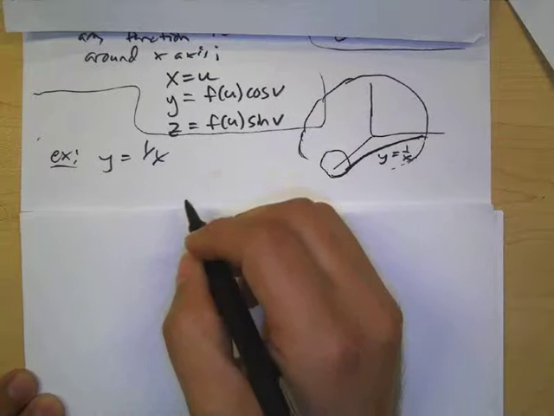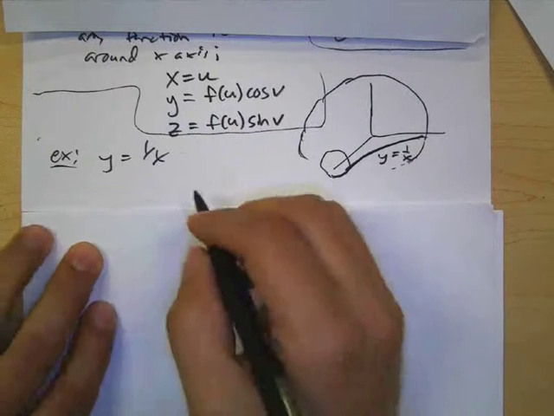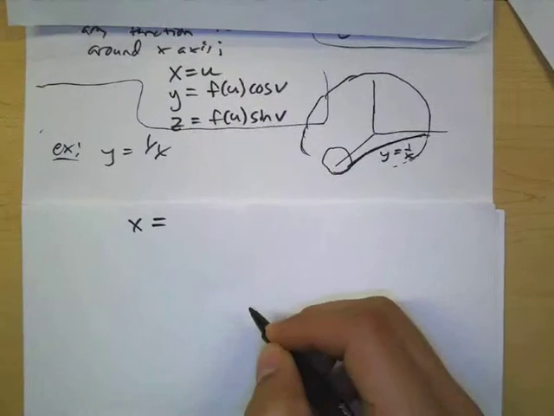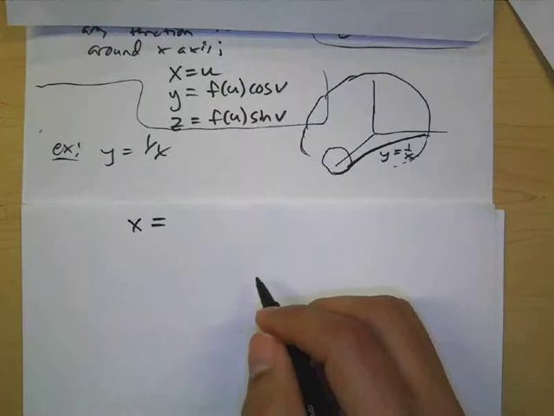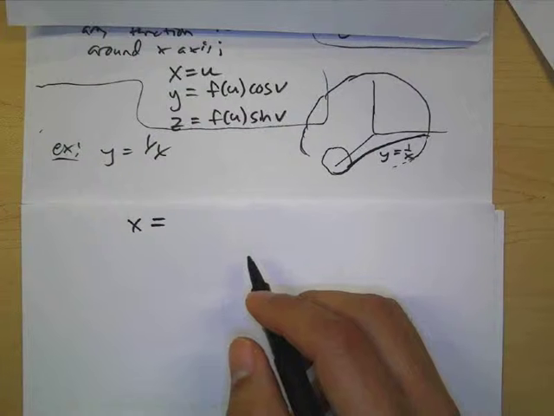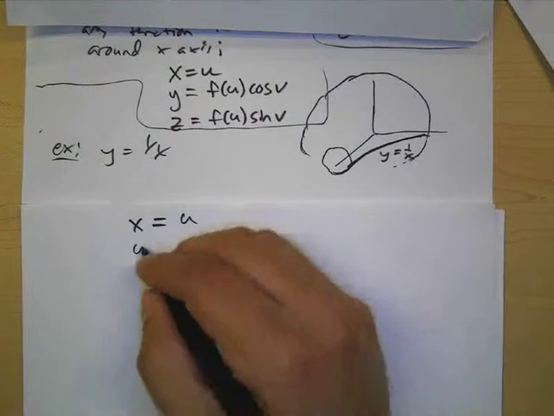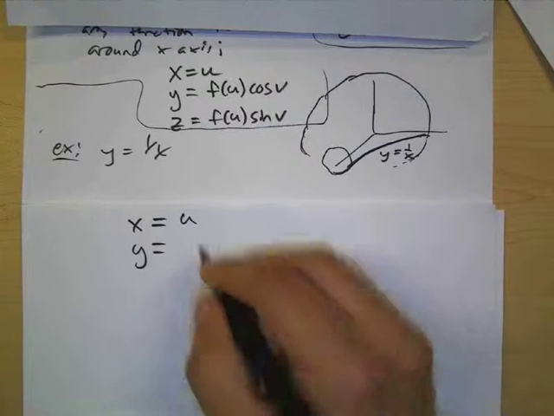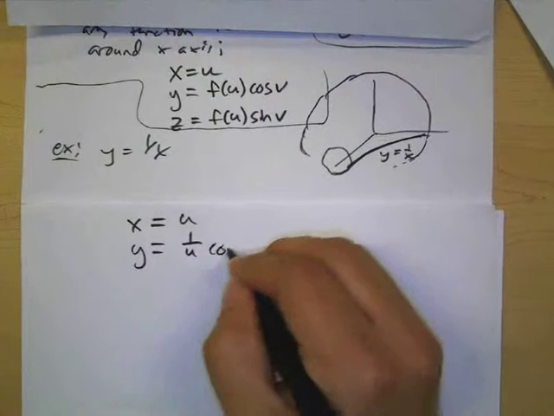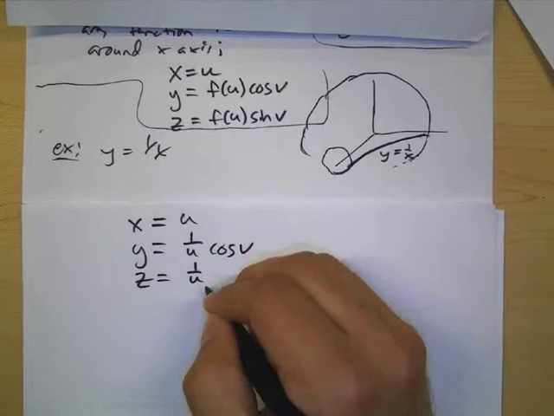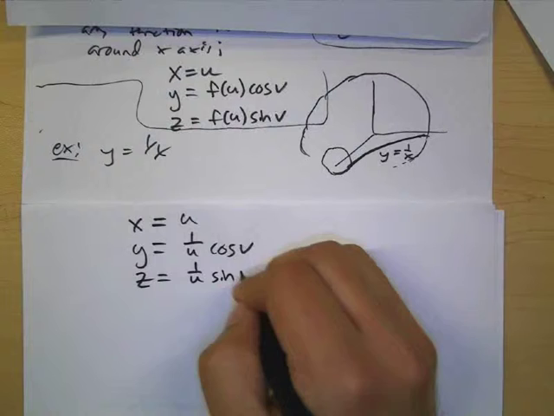And the equation for that surface, we can very easily write parametrically. What would the parametric equations be? Maybe x is u. y is 1 over u cosine v. Yep. And z is 1 over u sine v.